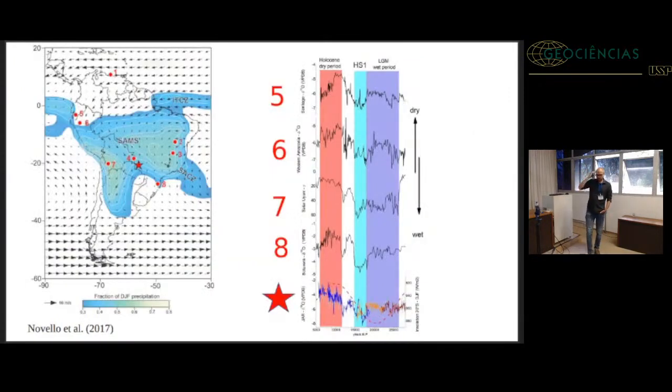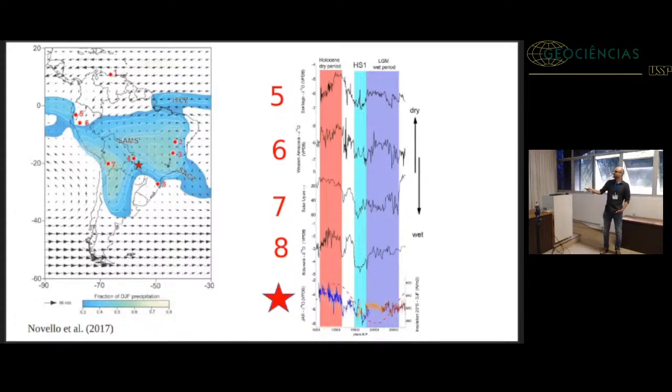Just a parenthesis here to explain why we're interpreting δ18O as a proxy of the monsoon. Here's a comparison between our record in this stalagmite and other δ18O records in South America, points 5, 6, and 8. Here is our stalagmite. They show more negative δ18O during the glacial period, more positive during the Holocene period, which is connected with insolation, higher insolation during the glacial period, lower insolation in the Holocene.